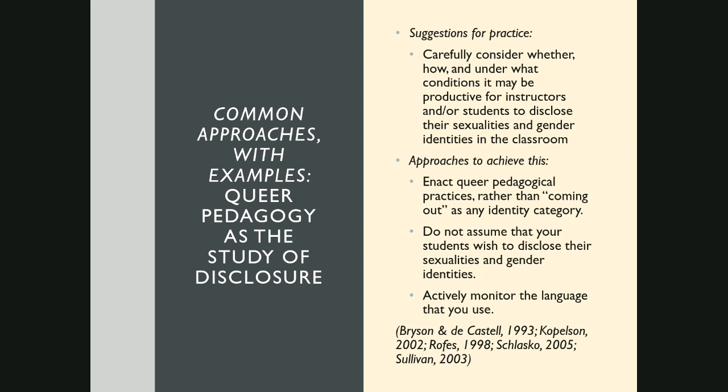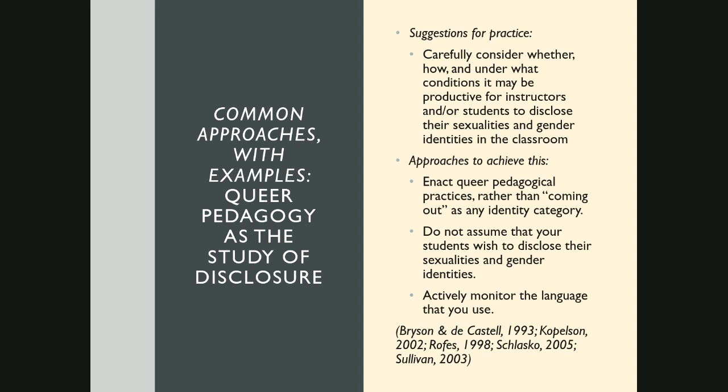Another thing is that if you have a specific label that you can attach to your identity, you're kind of communicating that that label is something that is needed in order to be queer. And so inadvertently, of course, I don't think that anyone intends to do that, but that could also be something that detracts from students feeling comfortable with having their instructor out themselves.